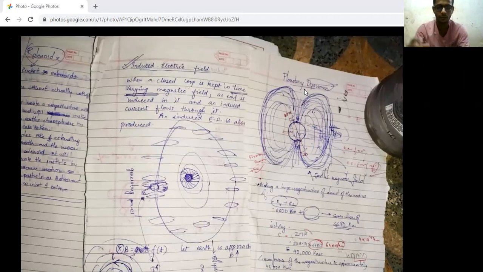For example, if you have a black hole and a star revolving around it, you can extract energy from it.